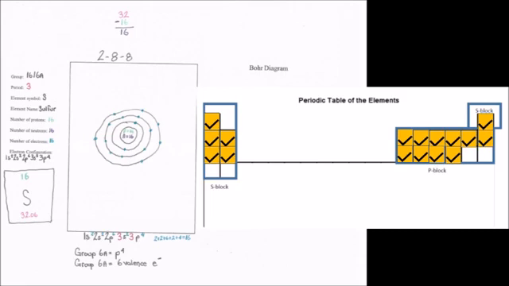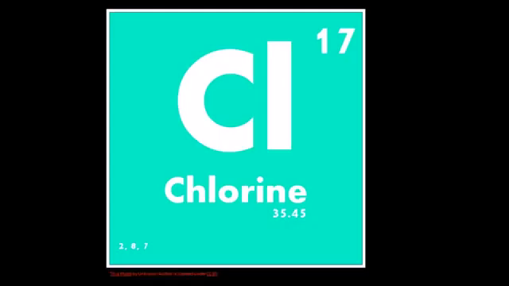Then we look at both of them as being a p4 configuration. If we look again and count our electrons, that first shell in our Bohr diagram holds 2. Our second shell holds 1, 2, 3, 4, 5, 6, 7, 8. And if our pattern holds true, that last shell, that valence shell of this Bohr diagram should only hold 6 electrons. 1, 2, 3, 4, 5, 6. There we go. So our next element in this series right now is going to be chlorine.